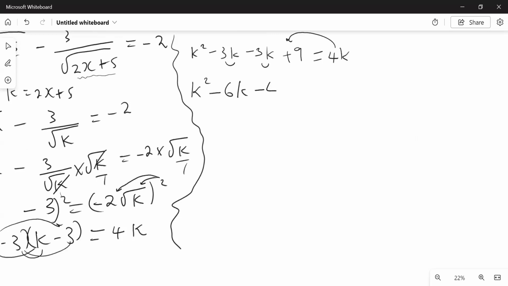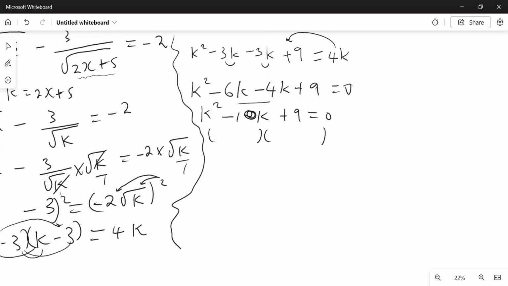When we transpose 4K, it changes to negative 4K plus 9 equals 0. Adding these two, we get K squared minus 10K plus 9 equals 0. Therefore, now we need to factorize this.